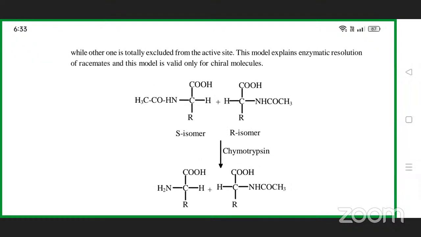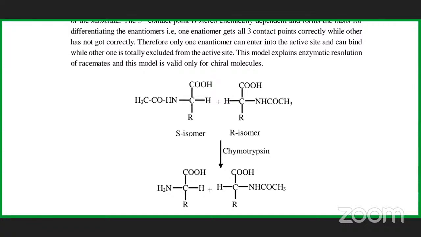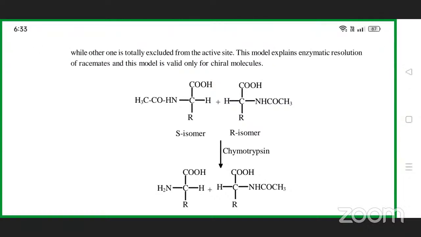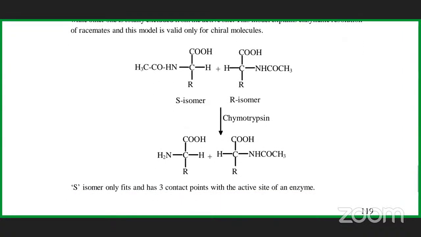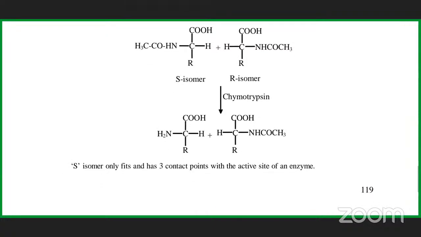Here you can see the S isomer and R isomer, both interacting with chymotrypsin, a digestive enzyme, which converts the substrate into products, an amino acid and some other derivative. Here only the S isomer fits, and it has three contact points with the active site of the chymotrypsin enzyme.